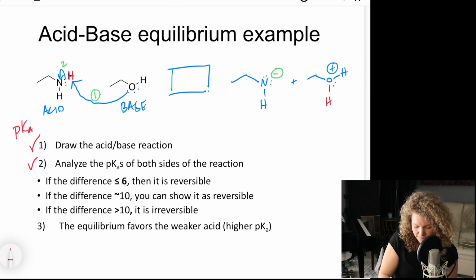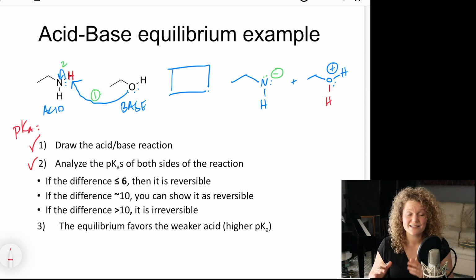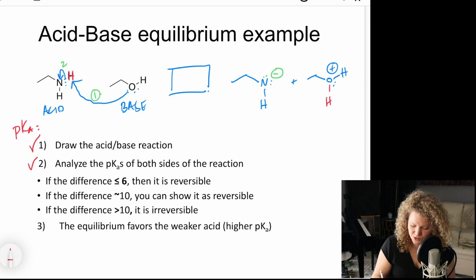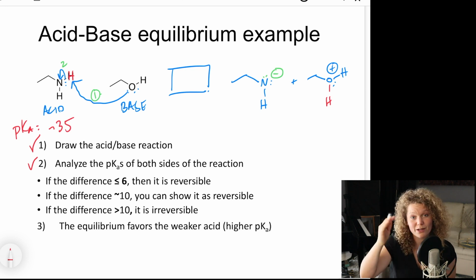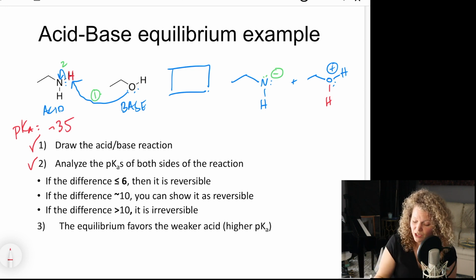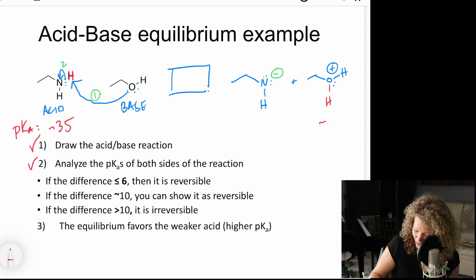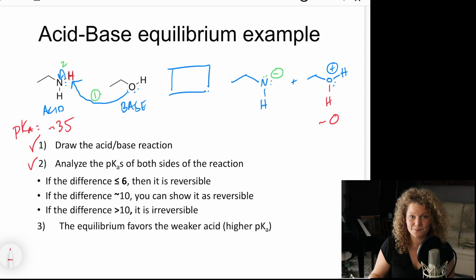Okay, pKa. We know that pKa's describe acids. So the proton here of our amine has a pKa of around 35, if you look at our previous slide. And if we look on the right side, we see that we have our acid here, and the pKa of our protonated alcohol is around 0.